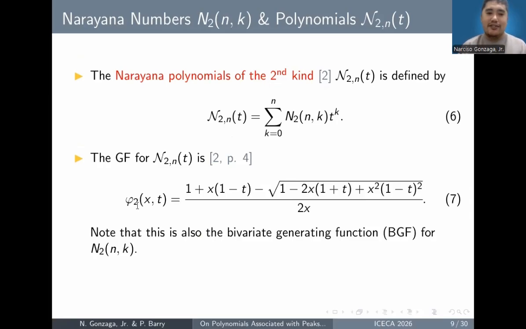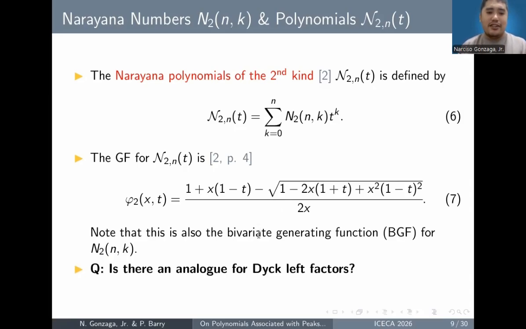And its generating function, phi sub 2 of x, t, is defined in equation 7, and this is also the bivariate generating function for the Narayana numbers of the second kind. Now, take note of this generating function because it will be used continuously later in the results.